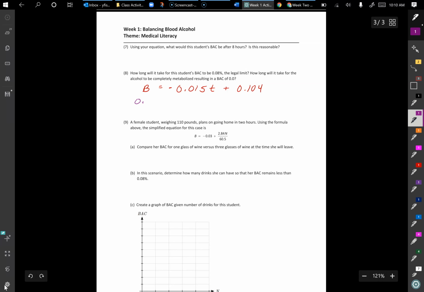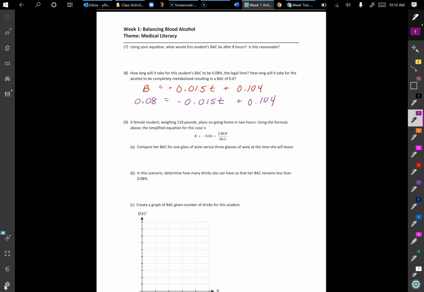So 0.08 equals negative 0.015t plus 0.104, and you're just going to subtract 0.104 from both sides, and then divide by negative 0.015 to solve for t.